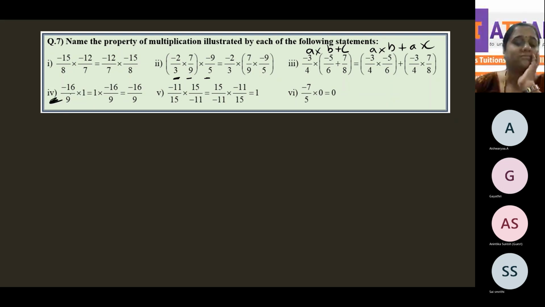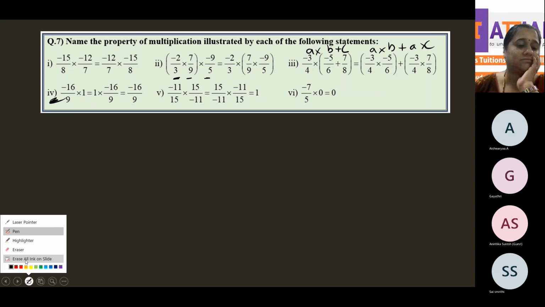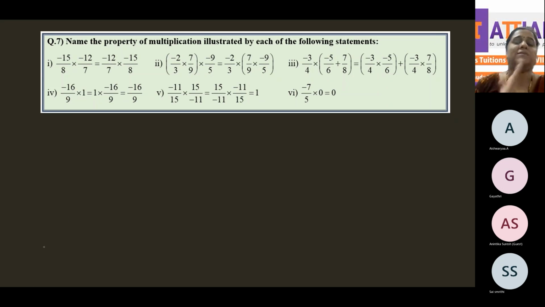Sai Smriti. Fourth one. Multiplicative identity. Multiplicative identity or multiplicative inverse? Multiplicative identity. Agree, Shreya? Other girls agree with her? Multiplicative identity of rational numbers?